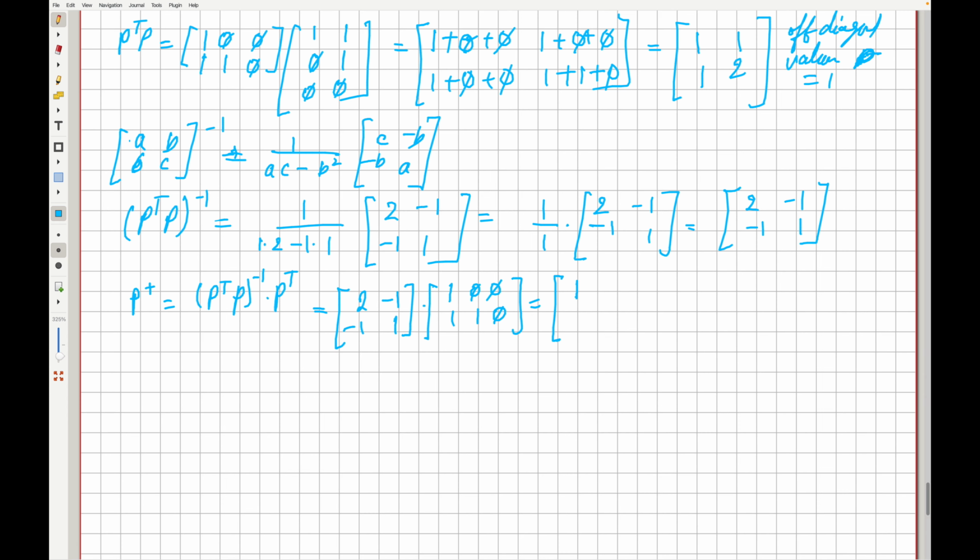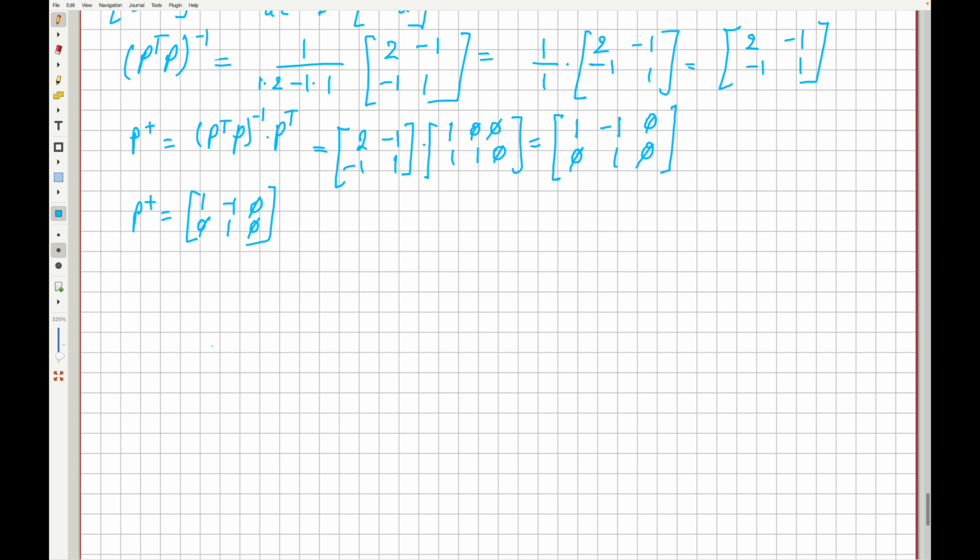Then 2 times 0 is 0, minus 1 times 1 is minus 1, so 0 minus 1 we get a minus 1, and then the other one is simply 0. And similarly, down here we would get 0 1 0. So the P plus that we have is 1 minus 1 0 0 1 0.